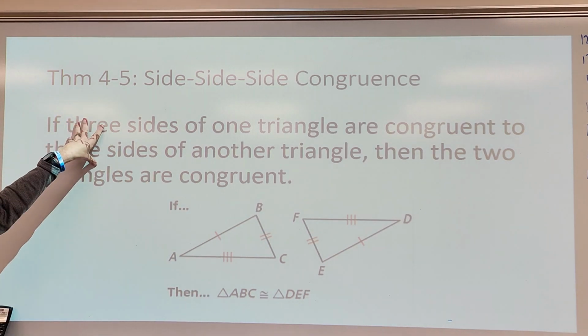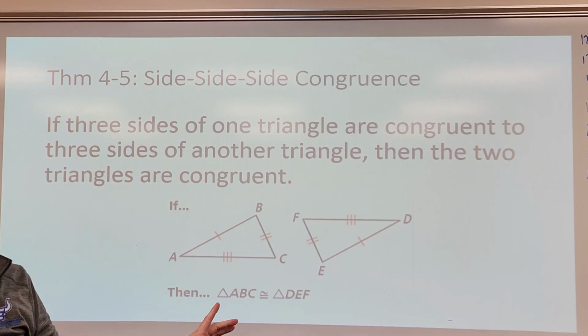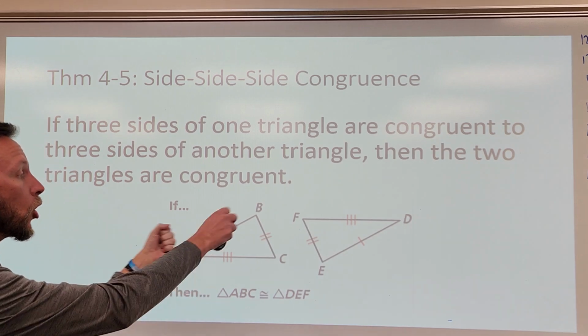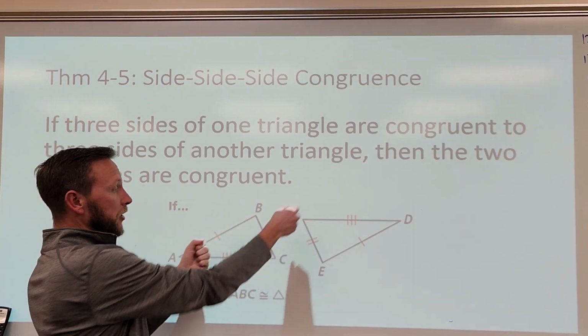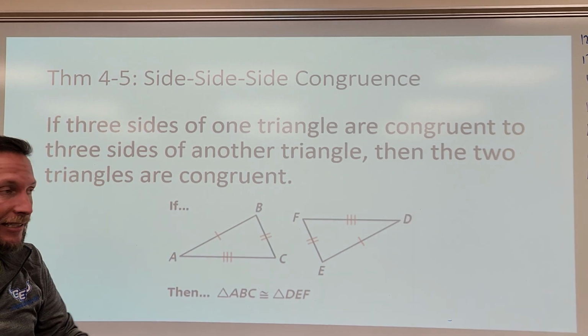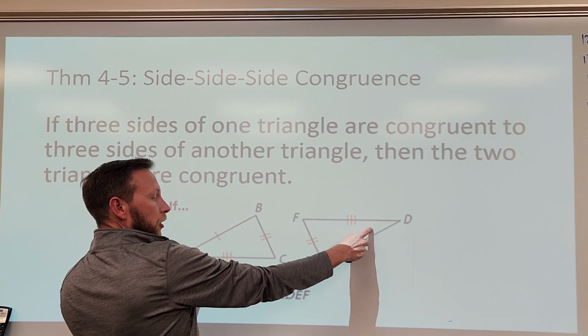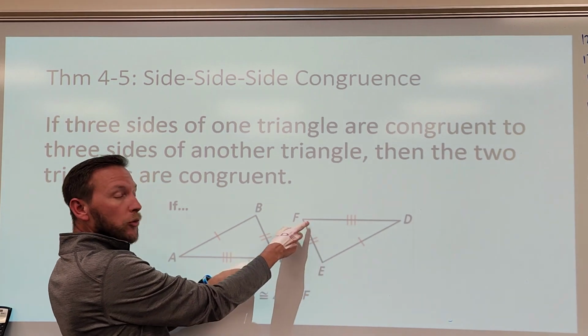So if 3 sides of one triangle are congruent to 3 sides of another triangle, those 2 triangles are congruent. But we could then, if we know a pair of sides congruent, pair of sides, the triangles are congruent by SSS. Now by CPCTC, or the definition of congruent triangles, I can now say that these angles are congruent, and these angles are congruent, and those angles are congruent.